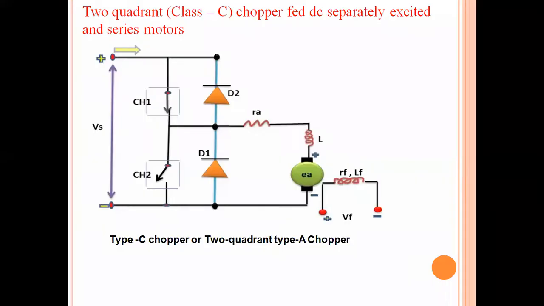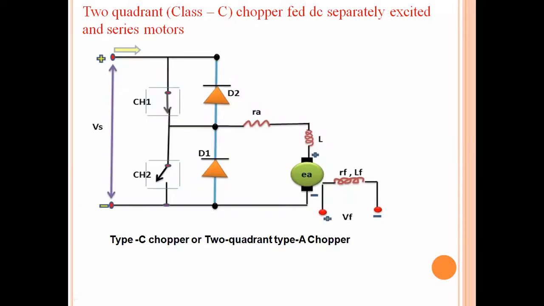The load here is shown as a separately excited DC motor. If we want to draw the circuit diagram for a DC series motor, simply replace this separately excited motor load by a series DC motor load. That's it. The remaining circuit remains as it is. Okay.